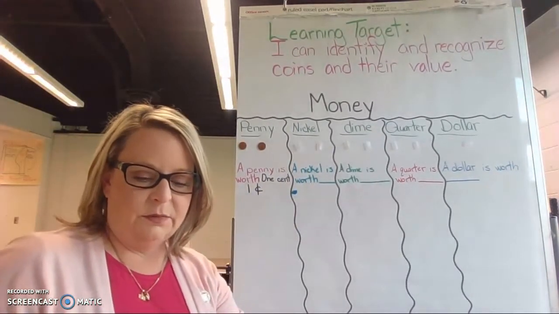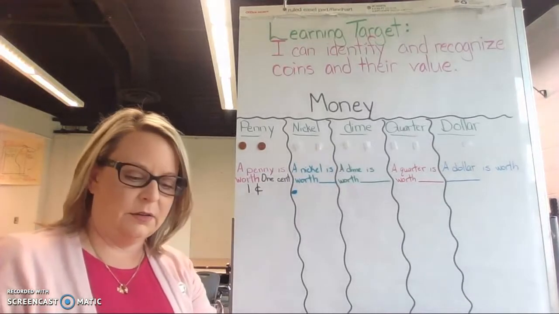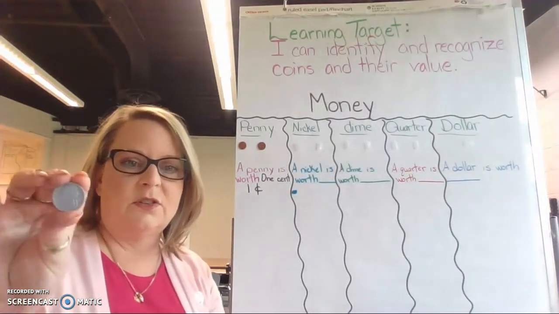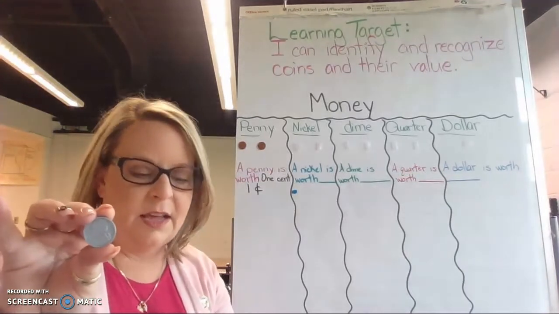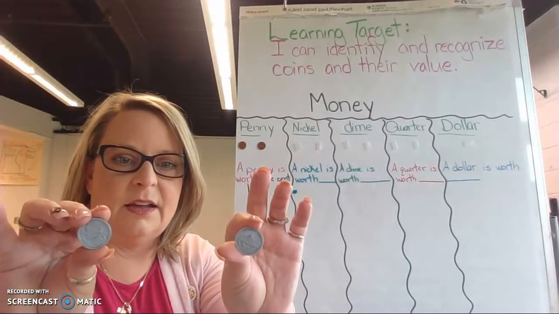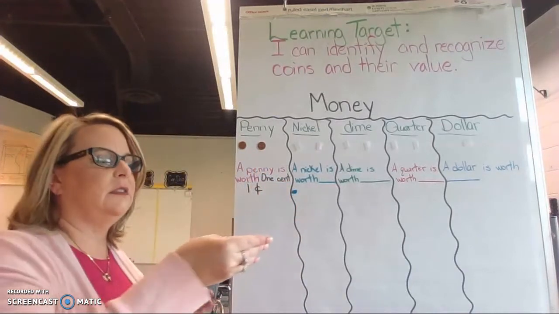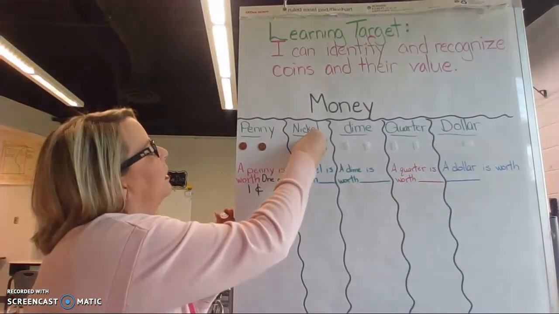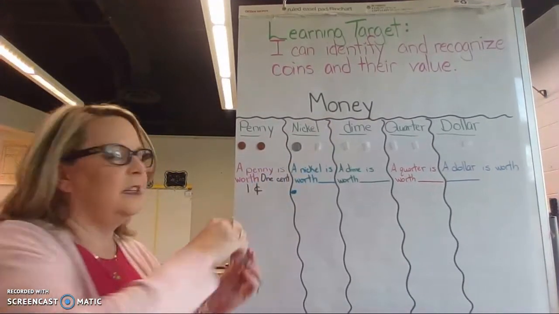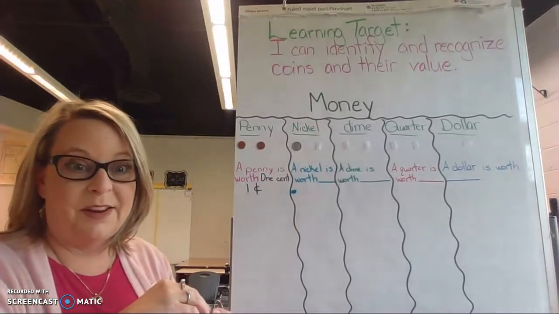Okay, let's look at a nickel. A nickel is a different color than a penny, and it's bigger than a penny, isn't it? It sure is. It has a head side, and it has a tail side. Now, the head side doesn't tell you how much money that is worth.